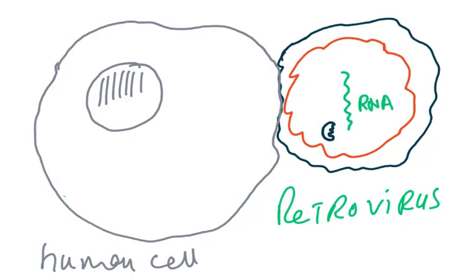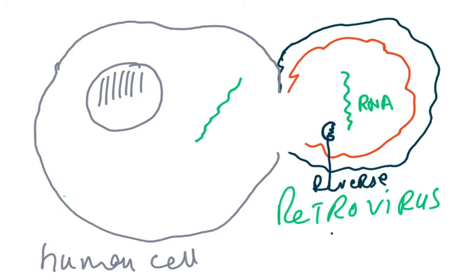What we need to understand is that when this virus attacks a human cell, first of all it invades this human cell, and this viral RNA, in the presence of the enzyme reverse transcriptase. Please remember what transcription was.